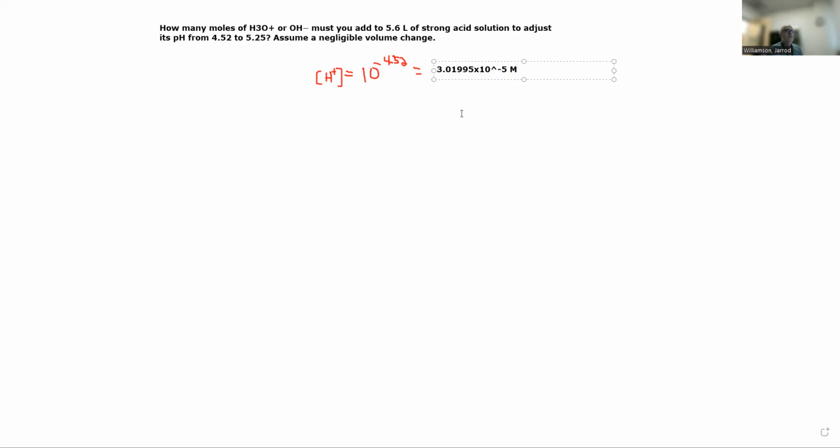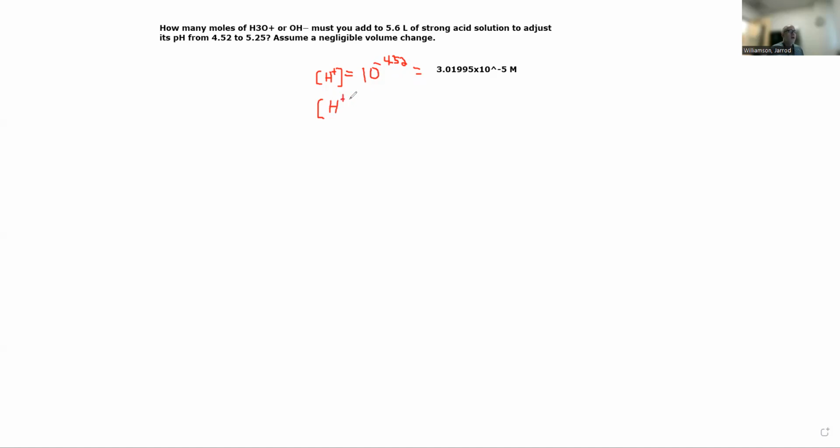I went too many sig figs on this because whenever we do log or anti-log, I'm cheating for a reason. All right. So let's find the hydronium ion concentration, or the H plus concentration.